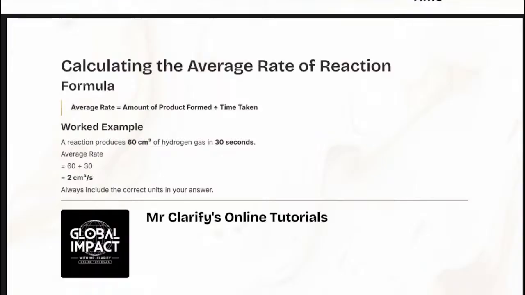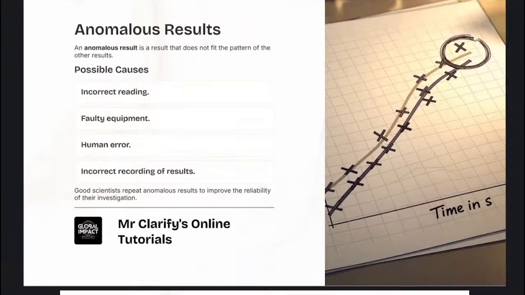How do you calculate the rate of reaction? You look at the amount that was produced and you look at how long it took to produce it. You divide, and you have the rate. Okay? All right.